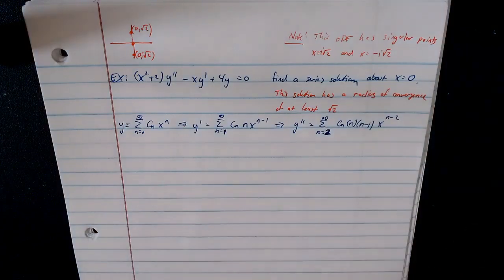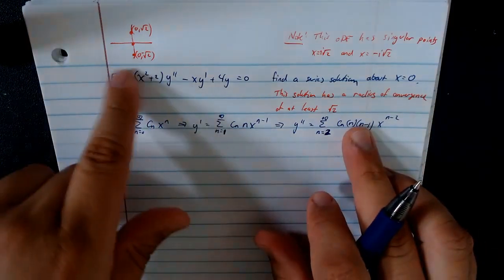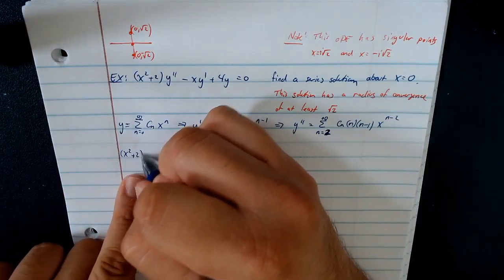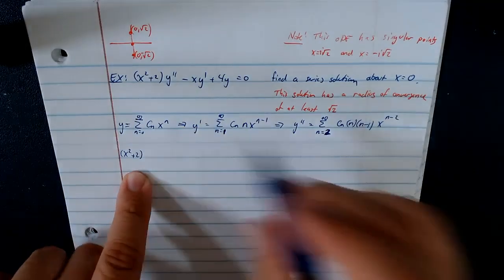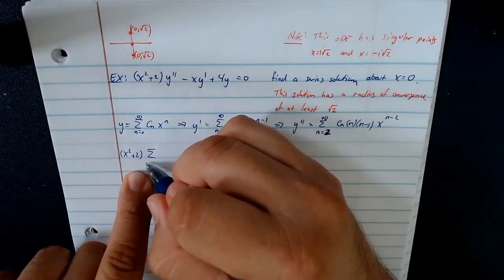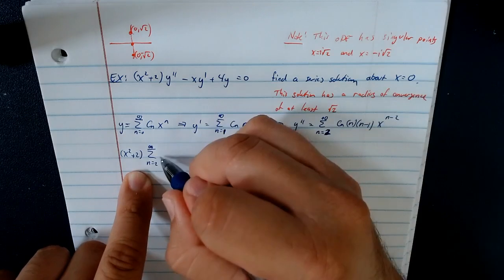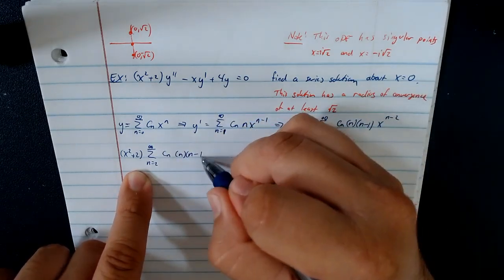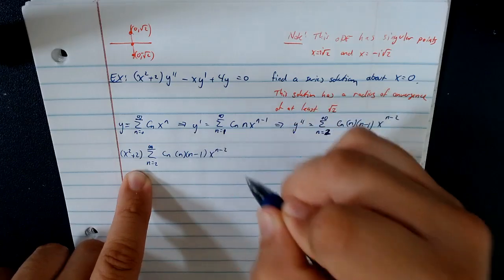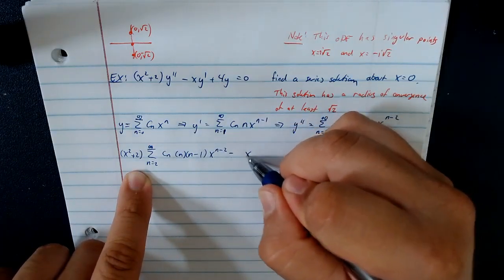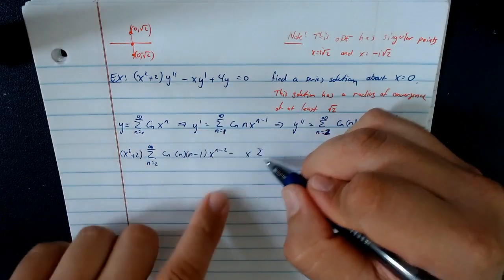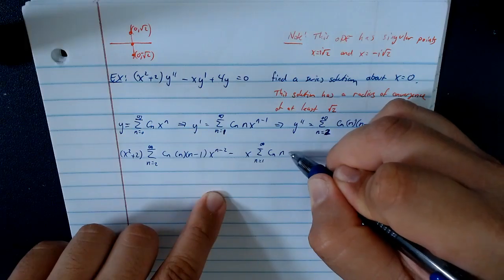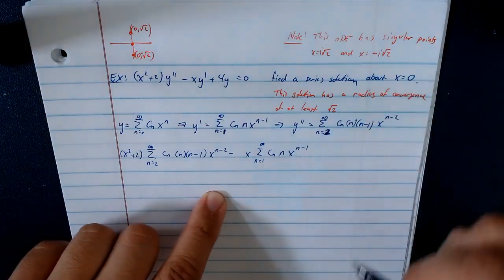All right. And so now these, I can go ahead and pop into my equation. So this is going to give me x squared plus 2 times y double prime, which is that thing over there, sum n goes from 2 to infinity of c sub n times n minus 1 x to the n minus 2, minus x times the sum, this is our y prime now, from 1 to infinity of c sub n times n x to the n minus 1.